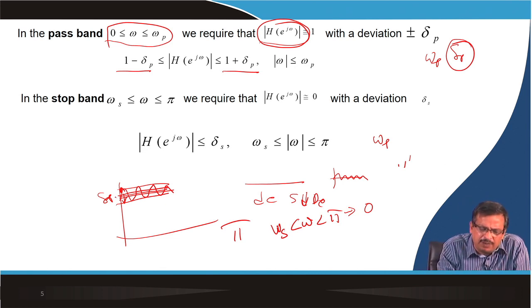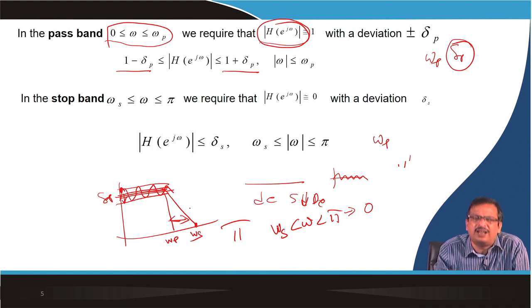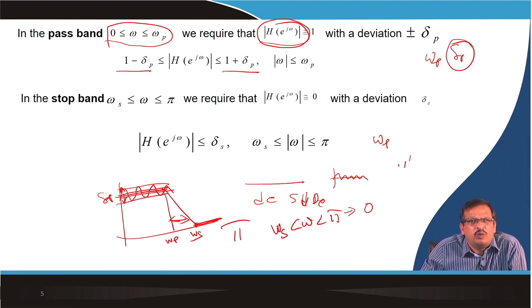So if this is my pass band and this is my stop band starting at omega s, and this is omega p, this portion, omega s minus omega p, is called the transition bandwidth. And this omega s is my stop band edge frequency.